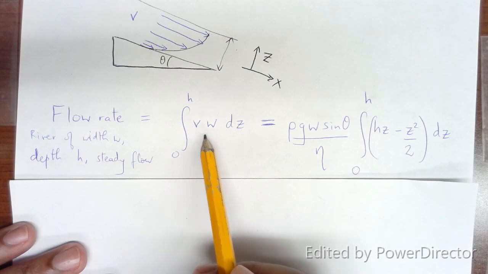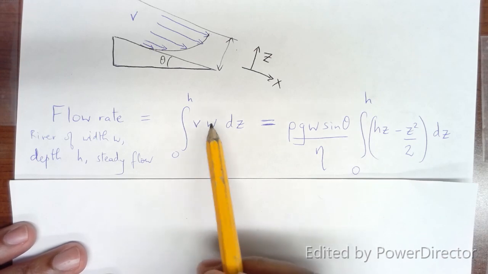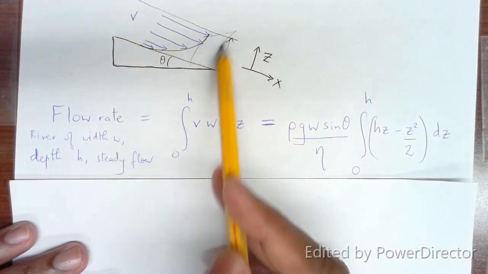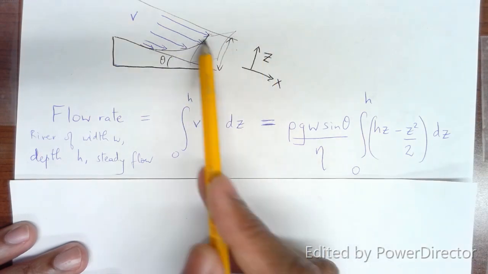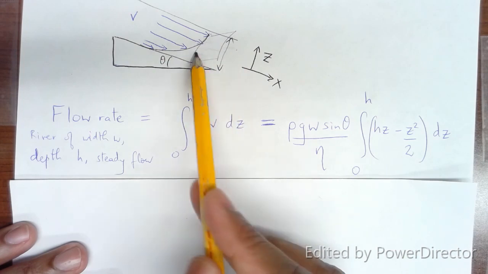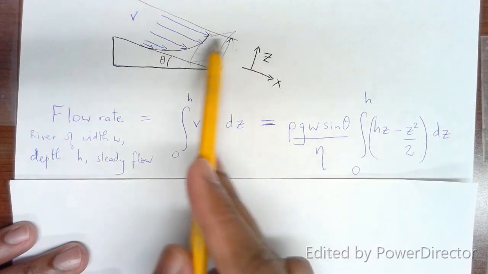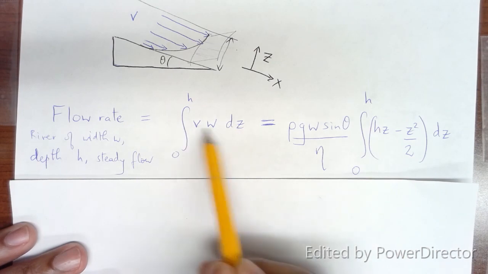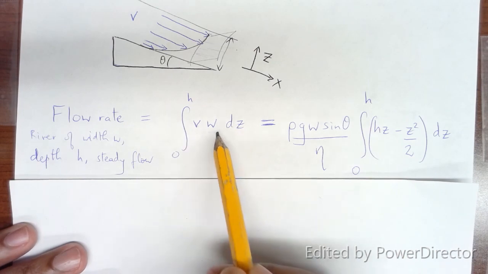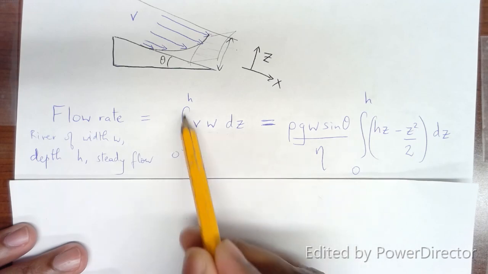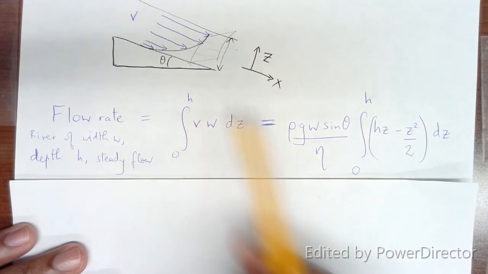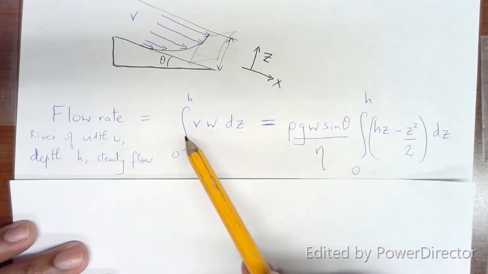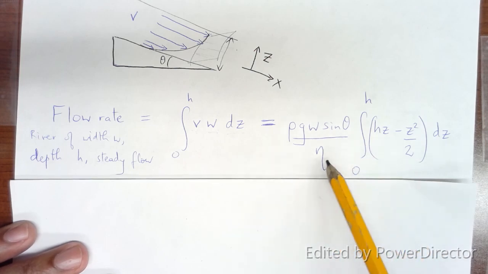So if we multiply it by the area of cross section, then we'll be able to see how much water flows past it. Right, it's the flux through this surface. And so what we do is we multiply the velocity by the width W and by dz, and integrate z from 0 to h.